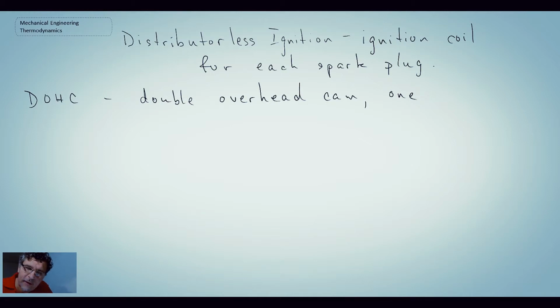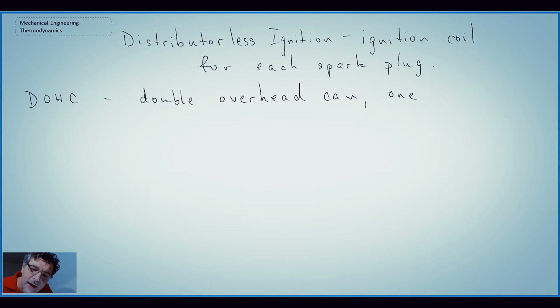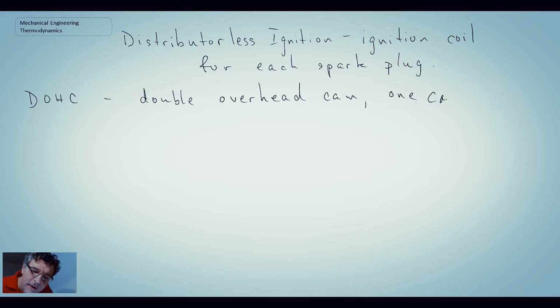And those are the things that allow the fresh air and fuel mixture to come in and then the exhaust gas go out. But with a double overhead cam, that particular design is one cam is for the inlet valves, or the intake valves, and the other the exhaust valves.